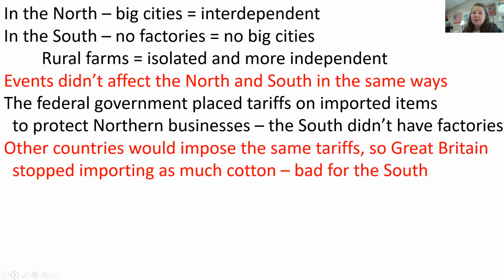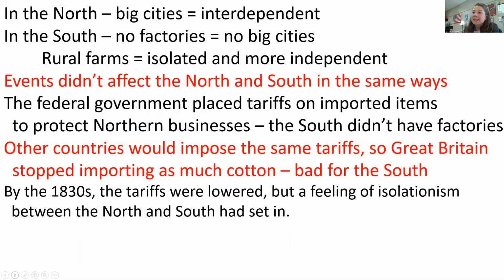So that tariff was very bad for the South. There was no economic benefit. It was only a hardship to the South. By the 1830s, these tariffs were lowered, but it had already done harm. The South felt like the federal government, when they made this decision, didn't think about the South at all. They only thought about how they could benefit the North.